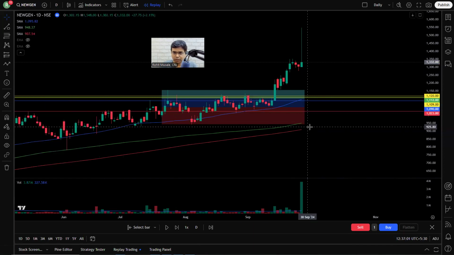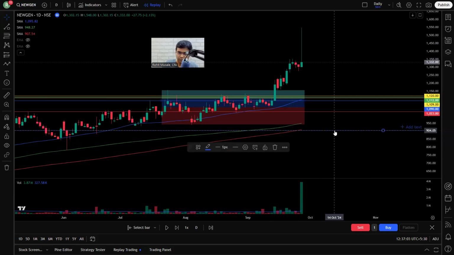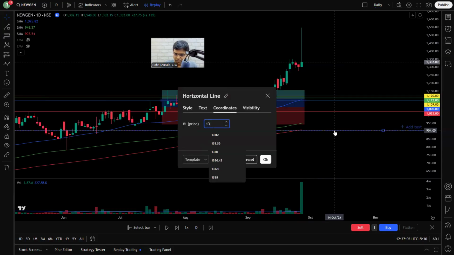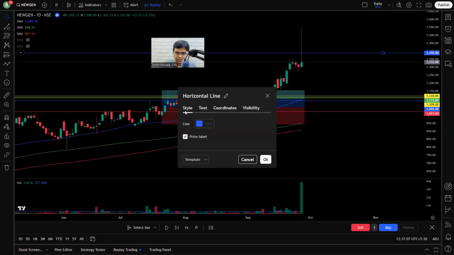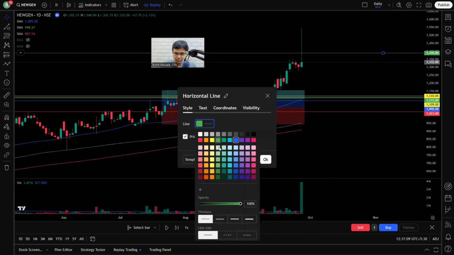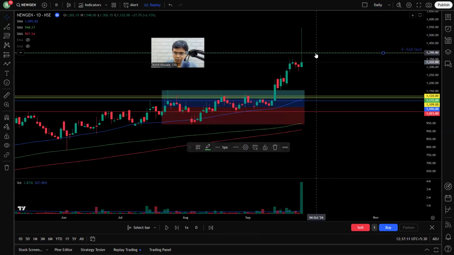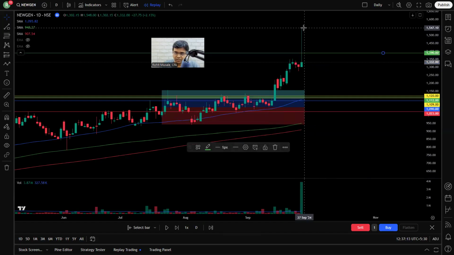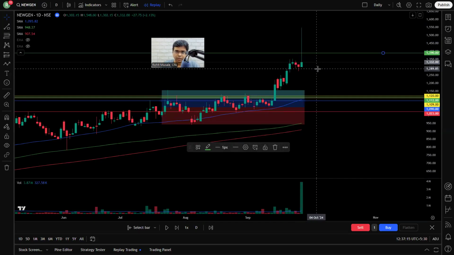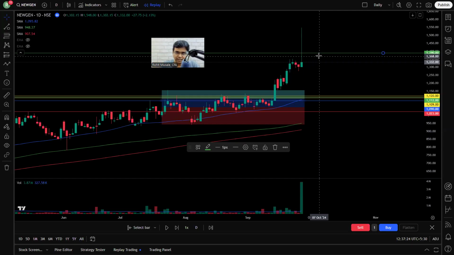So why not put a line at 1390? Give it green color, which is our target achieved. So when the price touches here, you know that on that particular day, this is your mental target. This green line is not an automatic sell order.